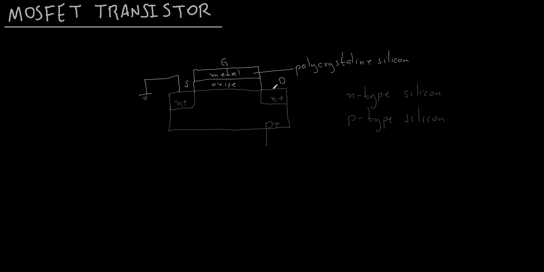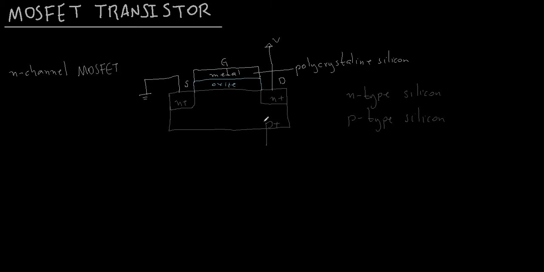It can be much less. And so this is also called the N-channel MOSFET. There's also the P-channel MOSFET. We'll talk about the N-channel MOSFET here just for simplification, but the principle is basically the same.